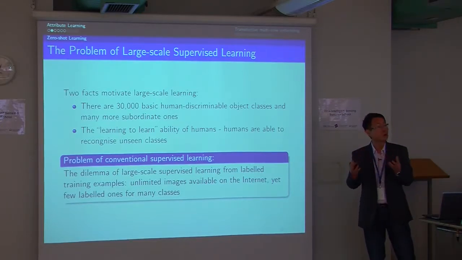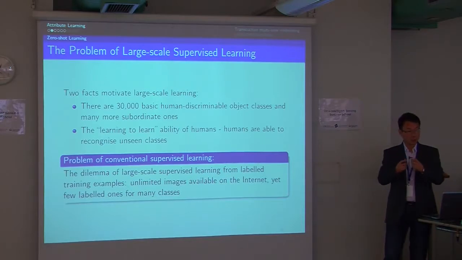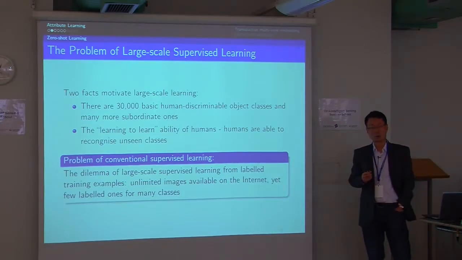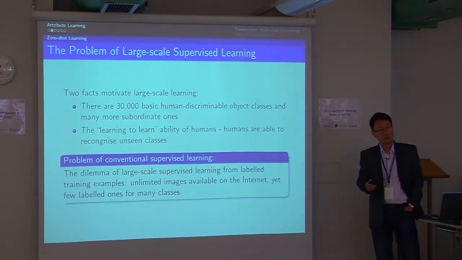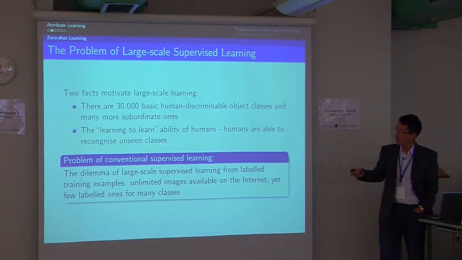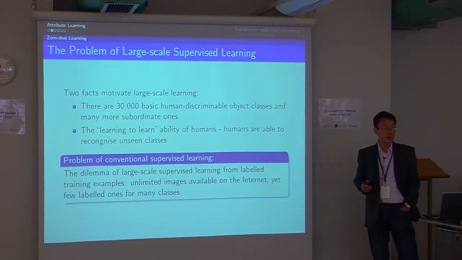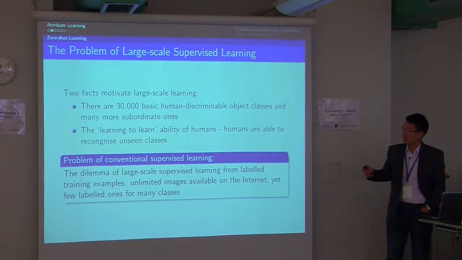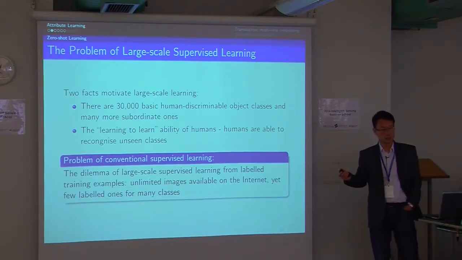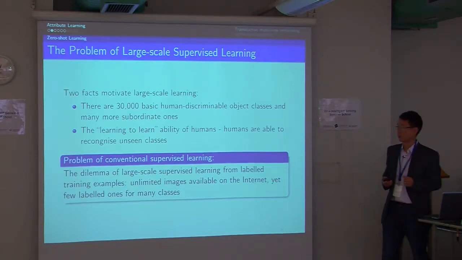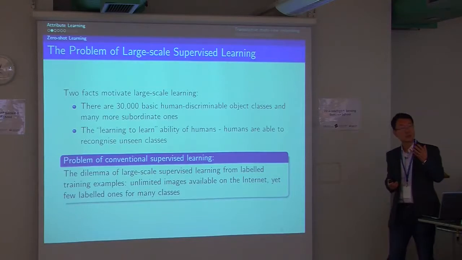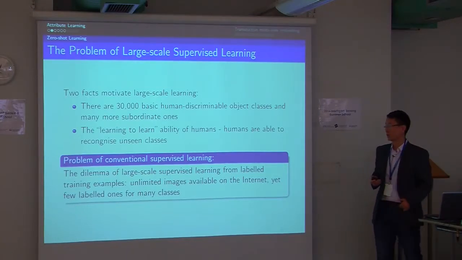Then, given unknown images, the classifier will tell you which class each belongs to. That's the standard pipeline for conventional supervised learning. But if we want to recognize 30,000 classes, and for each class we need hundreds of examples, we need millions of images collected and labeled into different categories. That's actually not easy to realize.